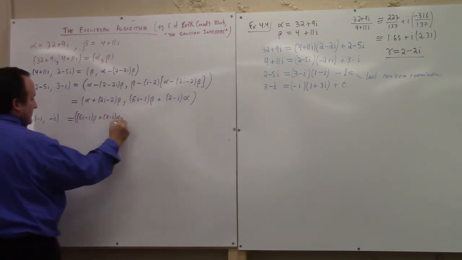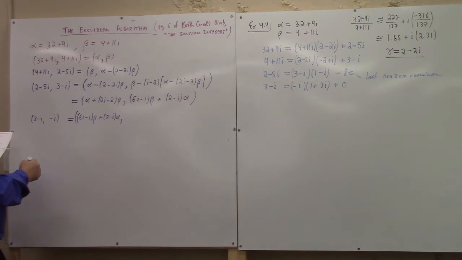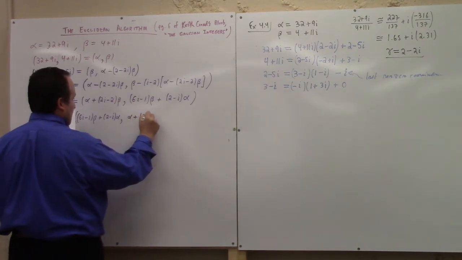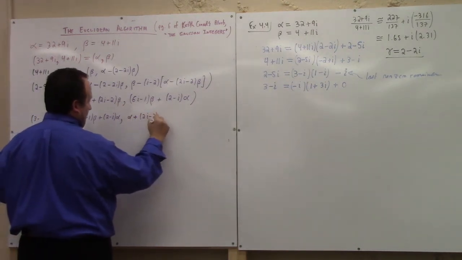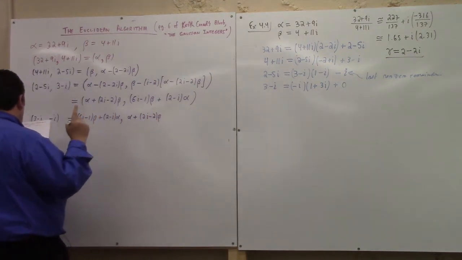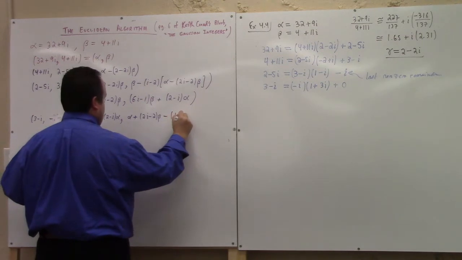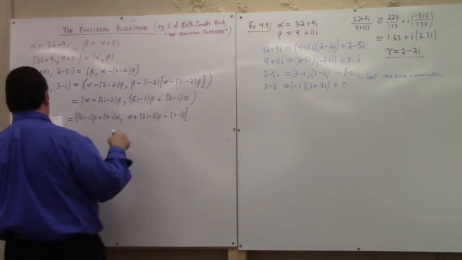Doesn't really matter. What's more interesting is what goes over here. And so we're going to do alpha plus 2i minus 2 beta. All right. Minus what? Minus 1 minus i times this mess.